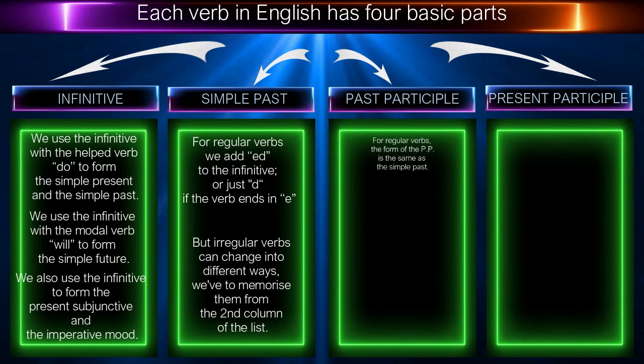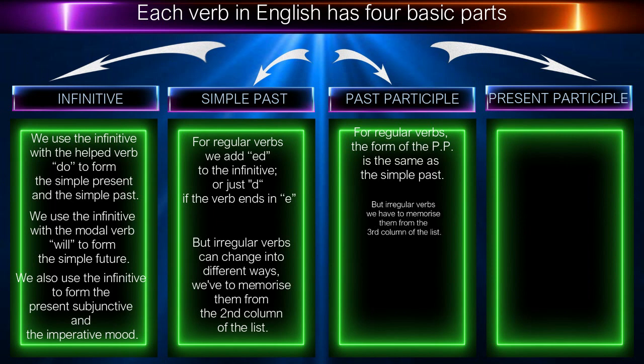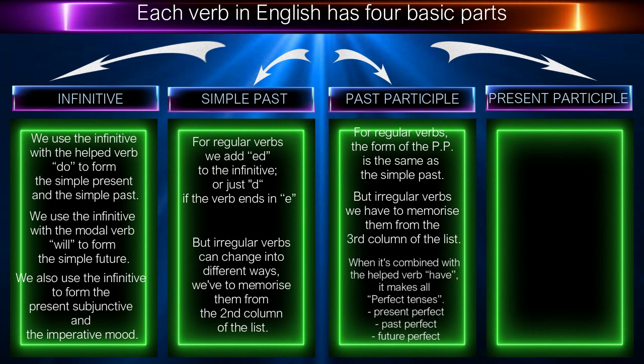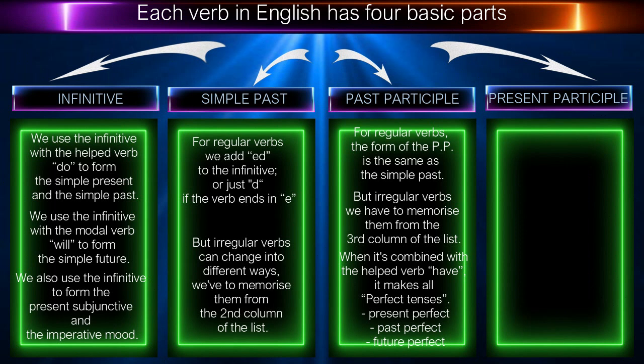For irregular verbs, the form of the past participle is the same as the simple past. But irregular verbs, we have to memorize them from the 3rd column of the list. When it's combined with the helped verb have, it makes all perfect tenses: present perfect, past perfect, and future perfect.